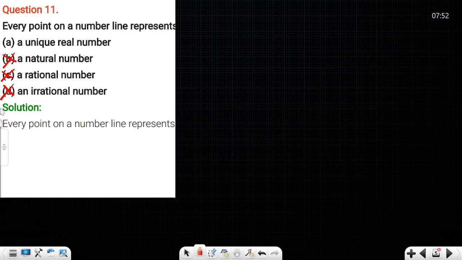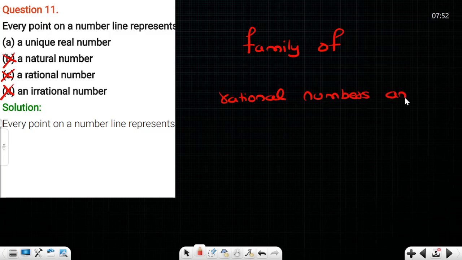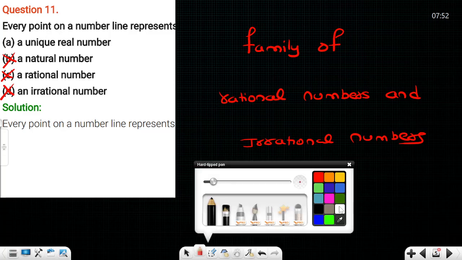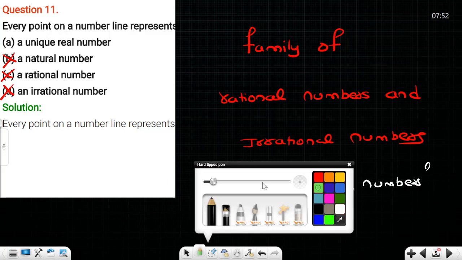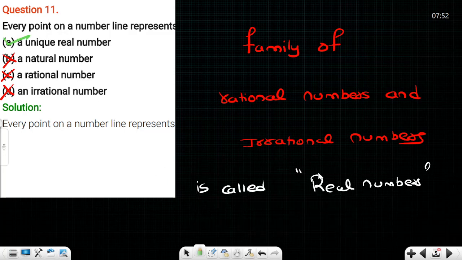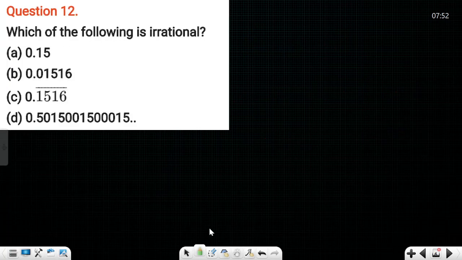They're friends, they live together. The family of rational numbers and irrational numbers is called real numbers. Therefore, the answer is going to be a unique real number. Is that clear, Akshita?